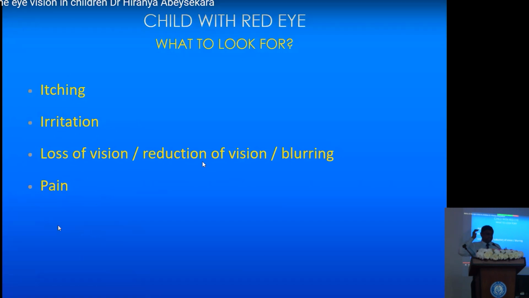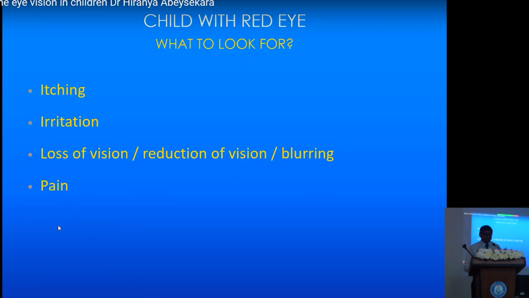For anything they will say, I can't see, right? Blurring, double vision. Those things are confused in children's minds. So for any issue with the vision, you can ask a couple of questions to verify whether it is a real reduction of vision or not. But I think most of the vision related problems you have to refer.